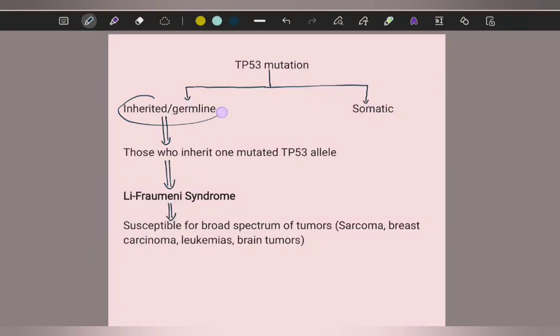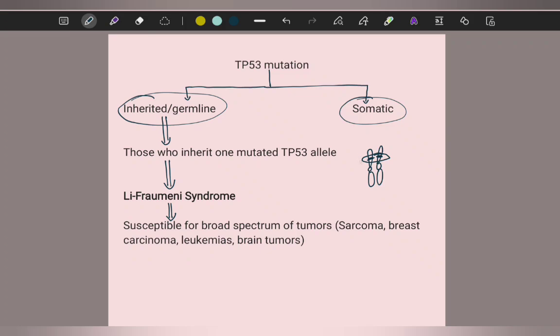They can be inherited germline TP53 mutation and somatic TP53 mutation. So basically, the TP53 gene is located in chromosome number 17. It has got two copies, and these two copies of the gene are known as alleles.